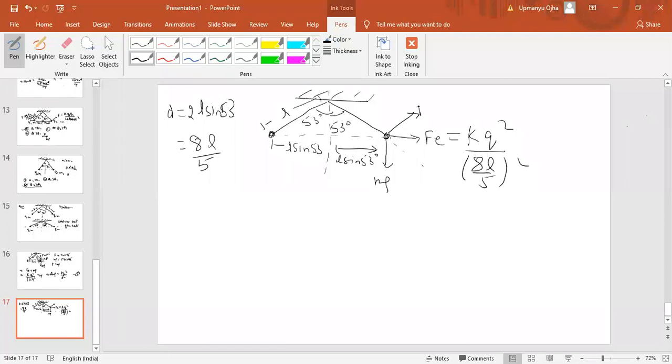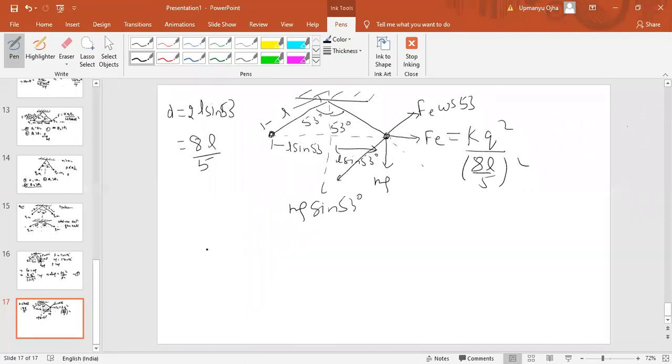So this would be Fe cos 53. And the component of the weight along the tangential, that is mg, will be mg sine 53. That is the net force acting along the tangential direction.